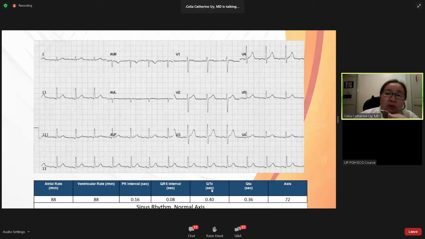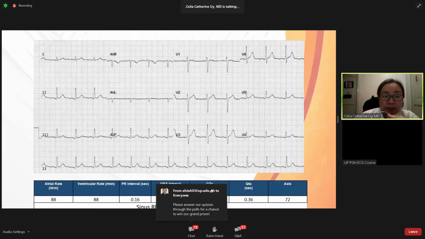So remember the formula that we used to calculate heart rate in a regular rhythm: 1,500 divided by the number of small squares between your R and R. If you divide 1,500 by 17, then the answer is 88. And this is a normal ECG. So I'll go to the next question.